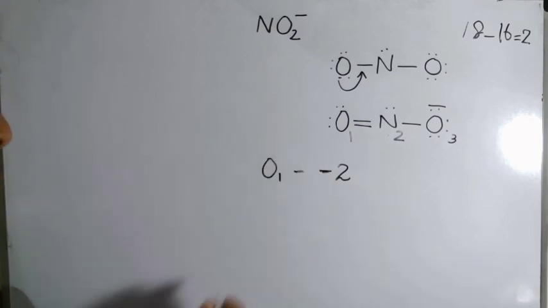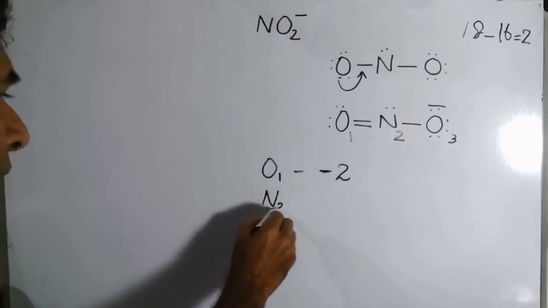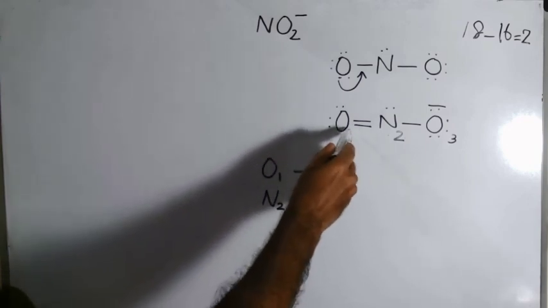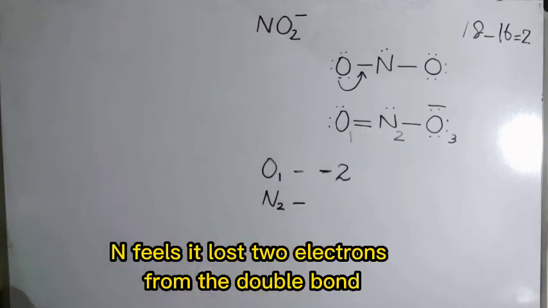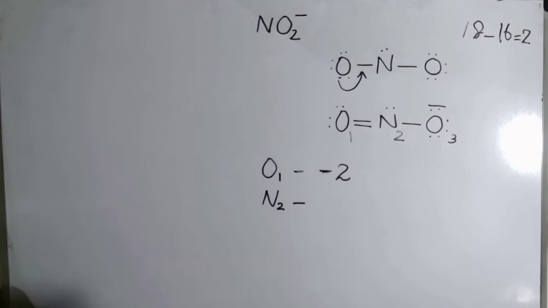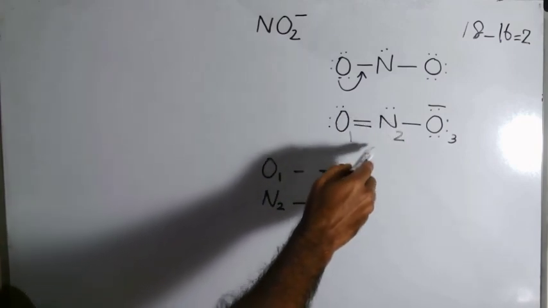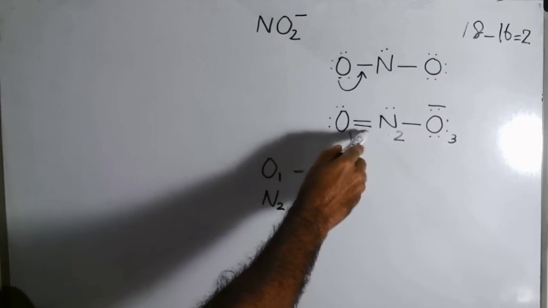So when we go to the nitrogen named N2, because of this withdrawing of electrons, nitrogen gets a positive charge. And also here, there's a single bond. From this one, it gets 1 positive charge. From this double bond, 2 positive charges.